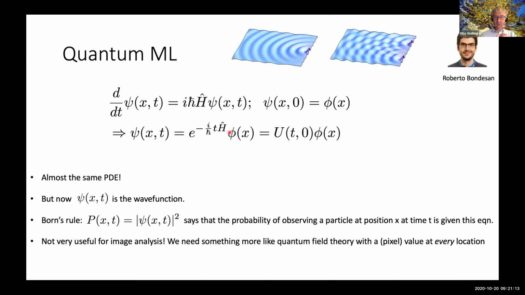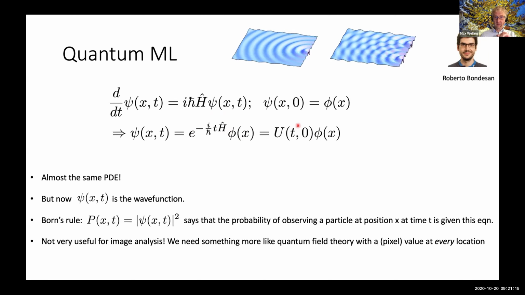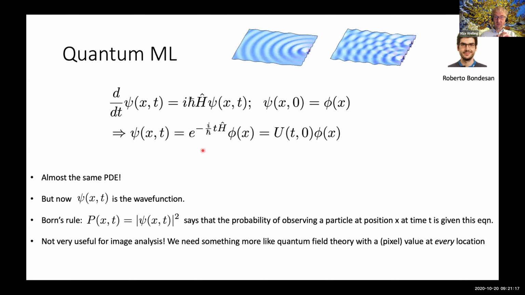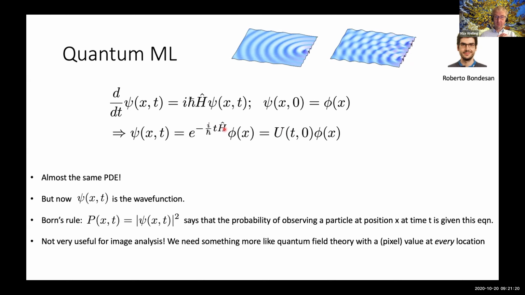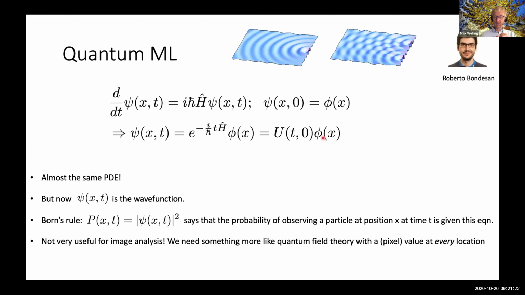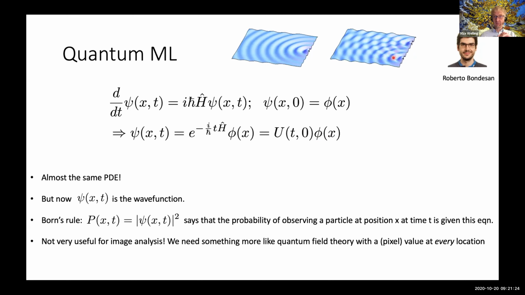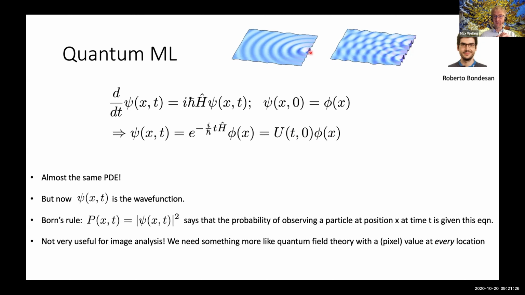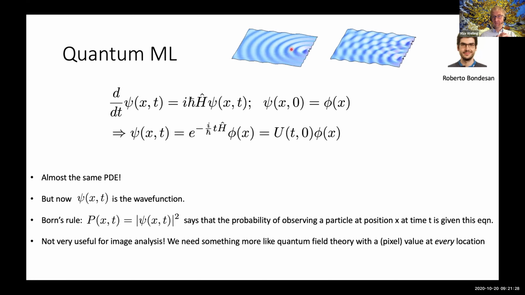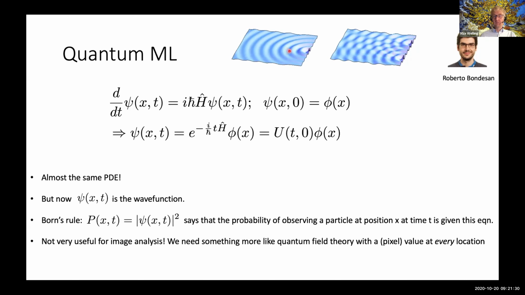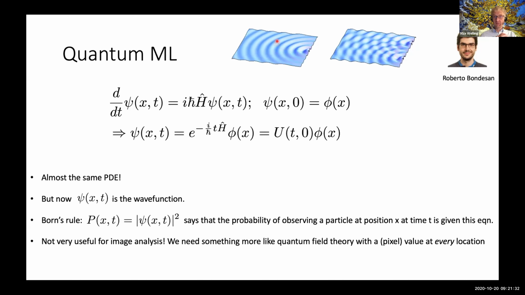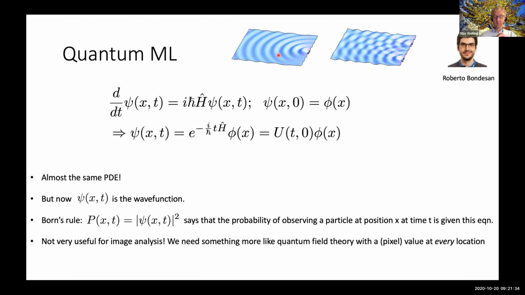Putting it in the exponent. And you can basically show that this is a unitary operator with which you then act on the initial condition, right? And so the typical thing is these kind of wave patterns that you can create, and basically they are the probability amplitudes that you will find the particle somewhere here in the plane.